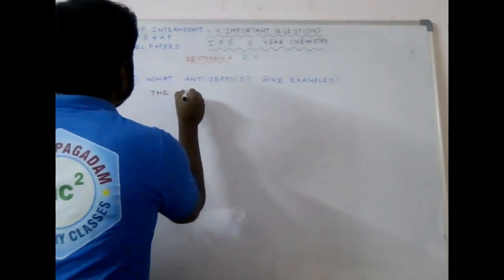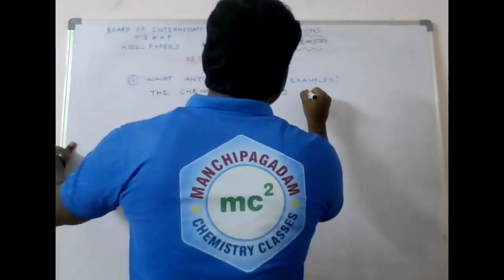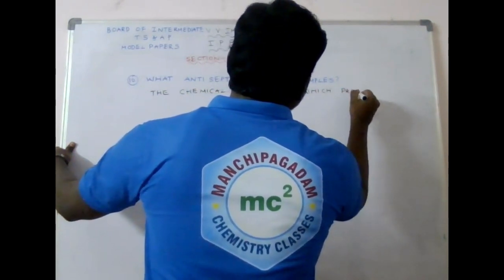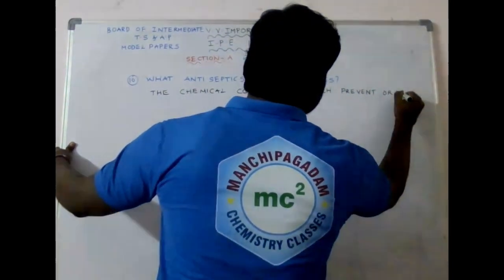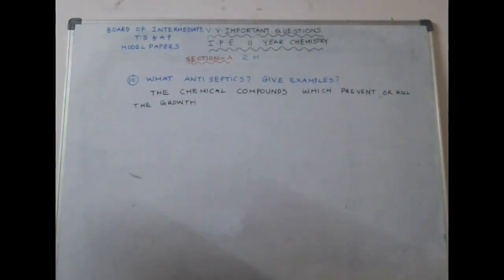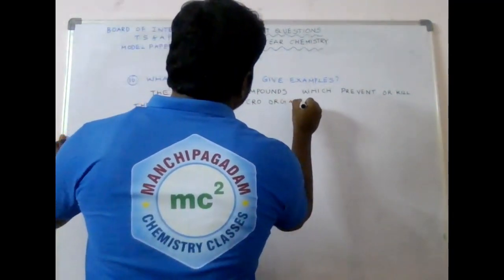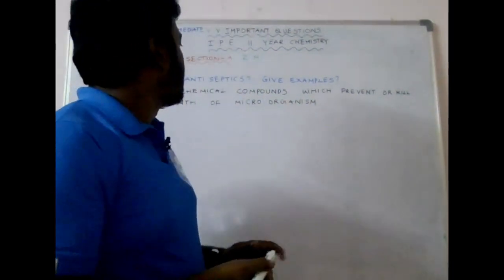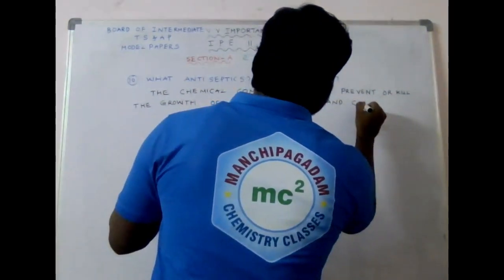So we can say that the chemical compounds which prevent or kill the growth of microorganisms, and can be applied on living tissues.